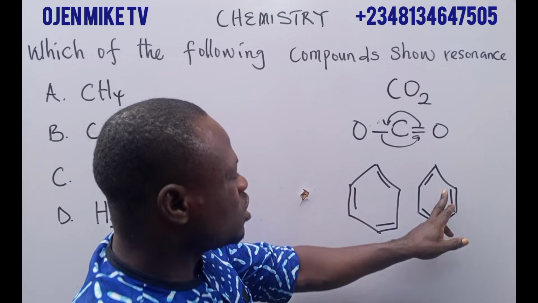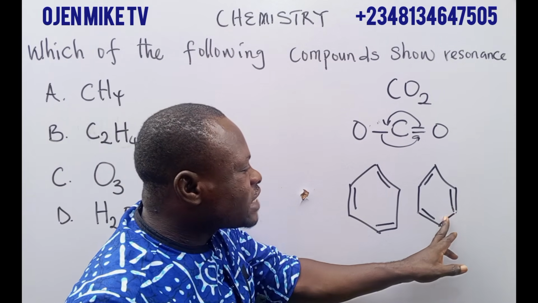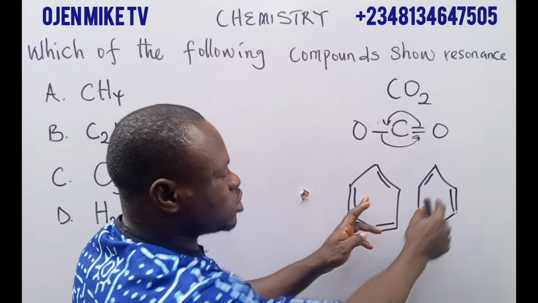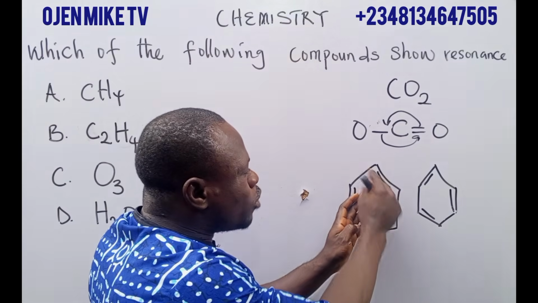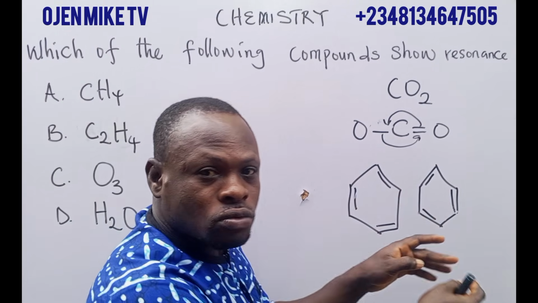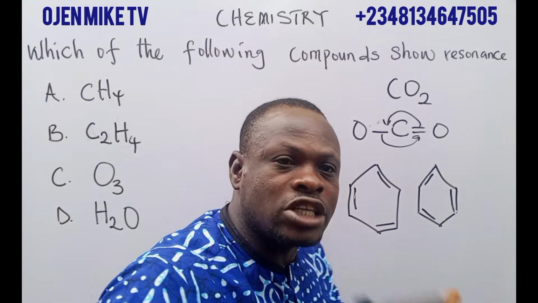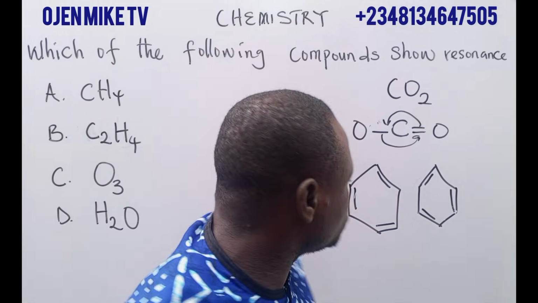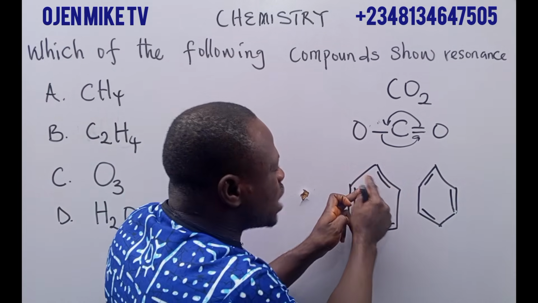You can see that the pi bond here, you can write it either here or here. Look at this structure here. So this pi bond can rotate between atoms. In chemistry we say delocalize. Delocalize means that the pi bond can move between atoms.